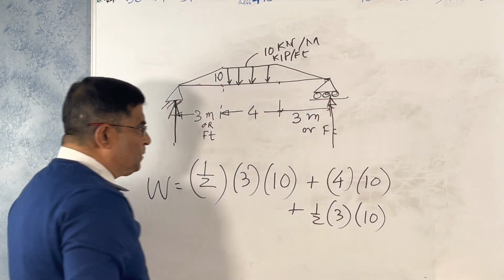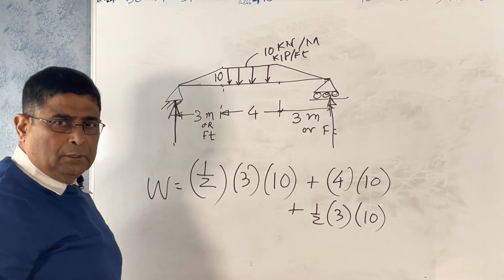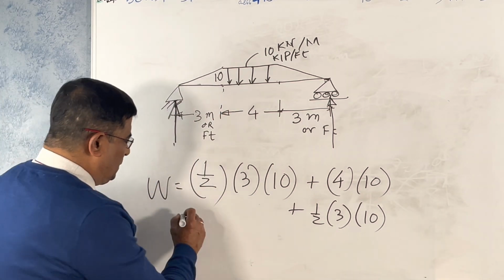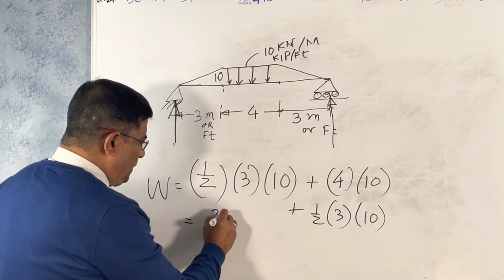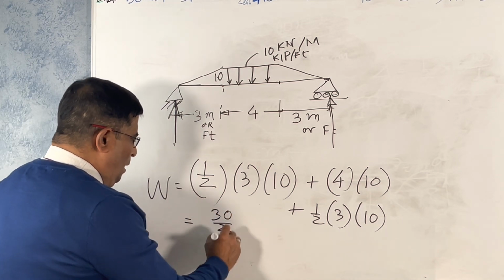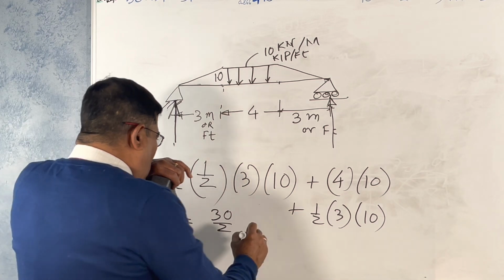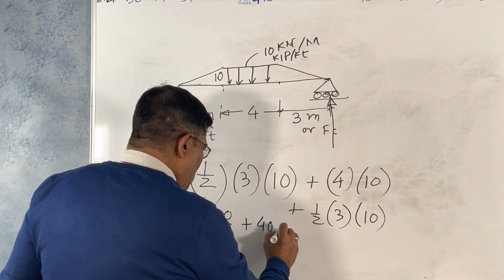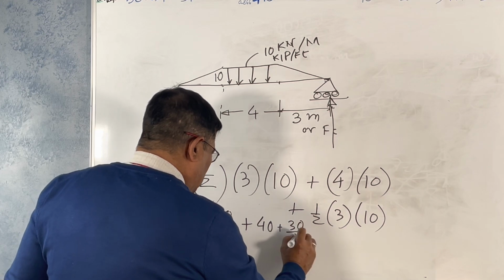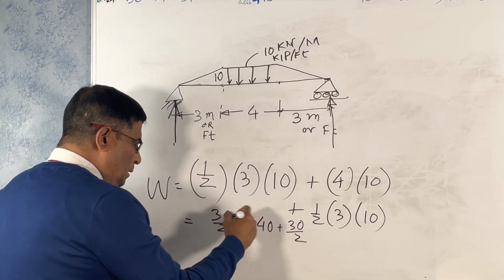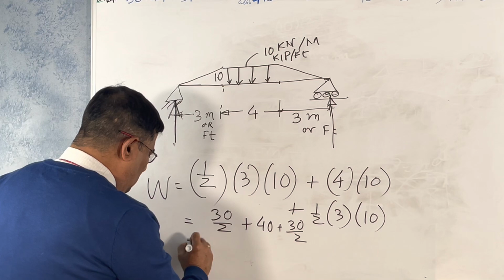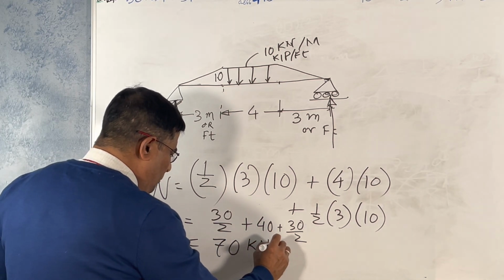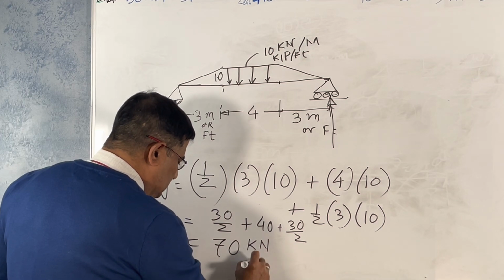So what is the reaction? Because it is symmetric, this is actually 30 divided by 2, plus 40, plus 30 divided by 2. So 15 plus 15 is 30, plus 40 is 70. So 70 kilonewton or 70 kip.